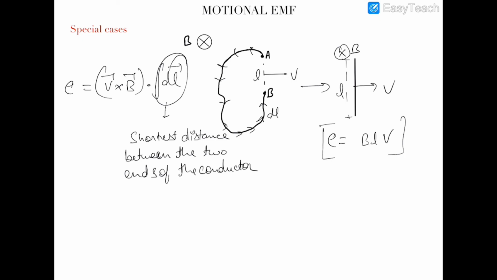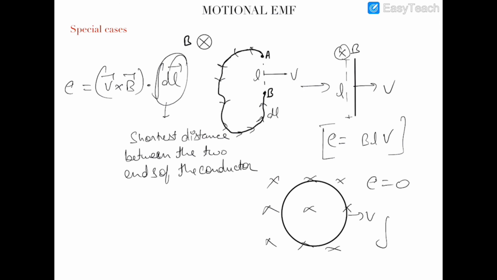So this is very important to note, and therefore in a closed loop, if it is moving with some velocity v in a uniform magnetic field, then the EMF induced will be 0, because the integration of dl in a closed loop will be 0. So we can say that there is no induced EMF in a closed loop.